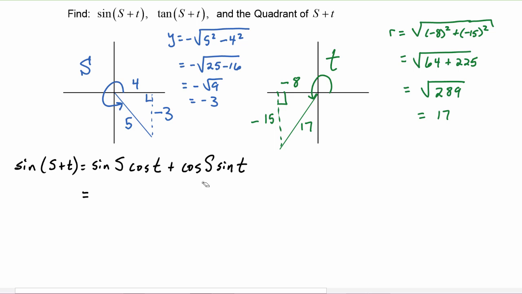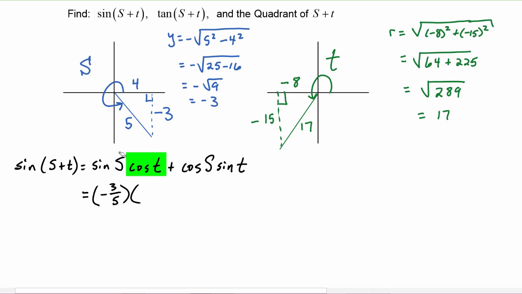Now we're ready to fill in all these values. We know that the sine of S, when we look at our picture, has to be the y value over r, so that's negative 3/5.